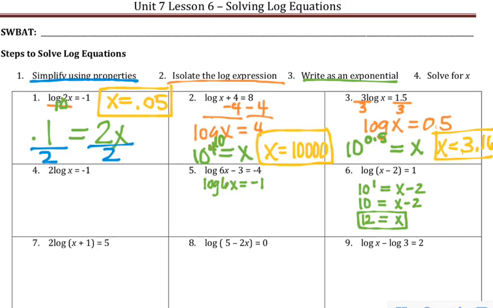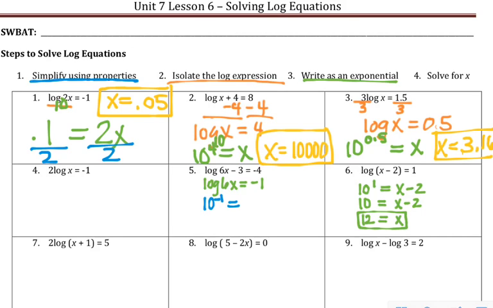Now, what's going to be my exponential equation if I loop around here? The base is going to be 10. Understood? 10 base on a common log. 10 raised to what power? Negative 1 is equal to what?